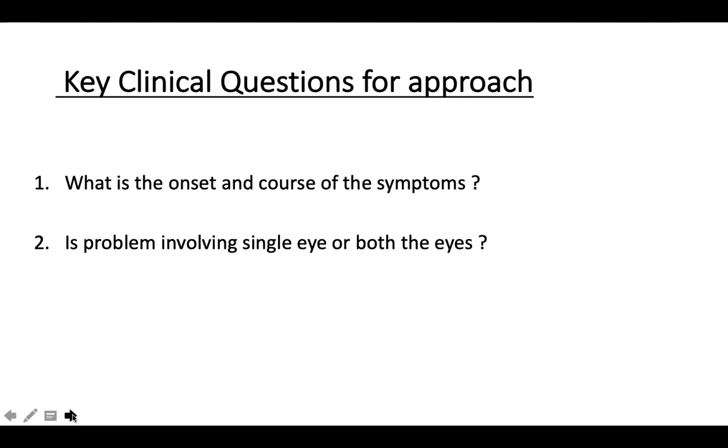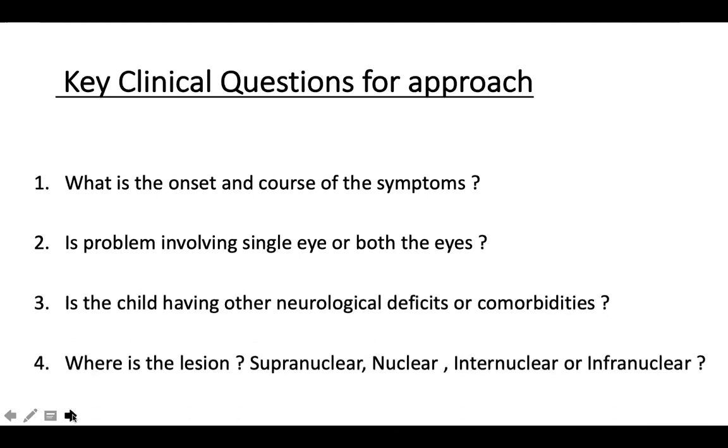So once you have understood what is the onset and whether the eyes is involving one eye or both eyes, the third step would be to understand the other neurological comorbidities and deficits overall. Okay. So if there is no other neurological deficits, symptoms are pertaining only to the eye, right? Then again, of course, it could be a central cause or a primary ocular cause. You need further examination details.